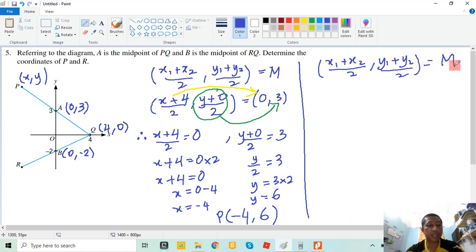Now for point R, we don't know the value of x and y, so we write x plus x2, x2 from point Q, so 4, divided by 2, and then y, we don't know the value, plus y2 from point Q, which is 0.